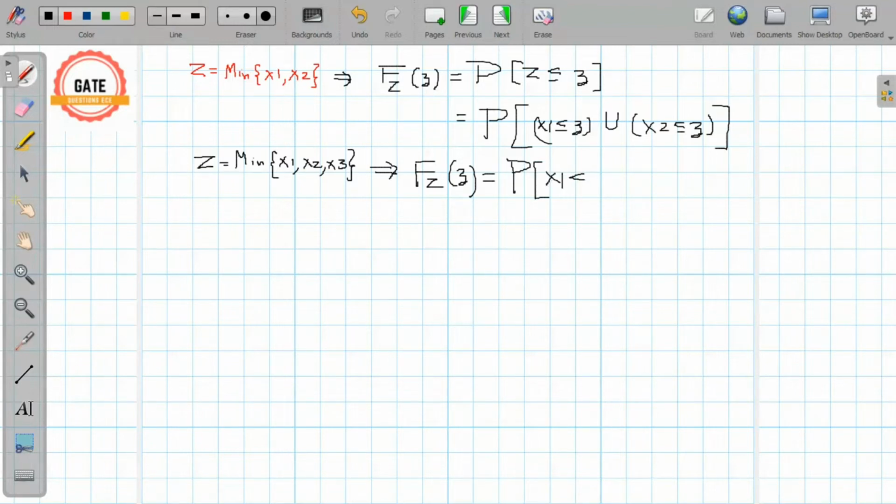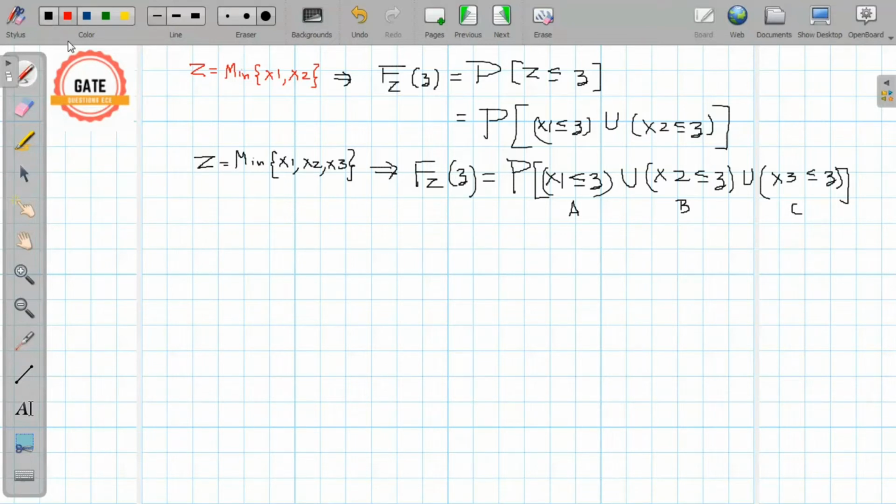The first region, the same region, X1 is less than or equal to z. The second, the same region, X2 is less than or equal to z. And union with the third region, for the third random variable, X3 is less than or equal to z. I am writing this region as region A, this as region B, and this as region C.